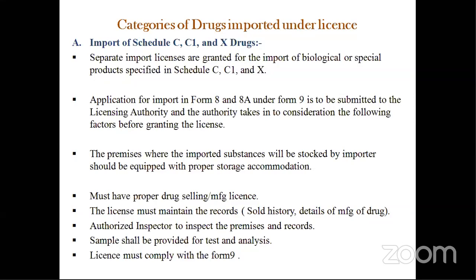So Form 8A is for the drugs specified in Schedule X, either by the manufacturer himself or by one having a valid wholesale license for the sale or distribution of the drugs under these rules.